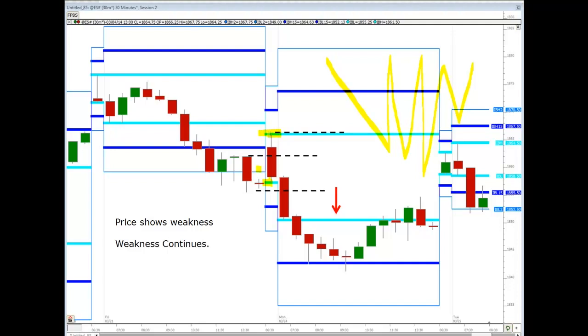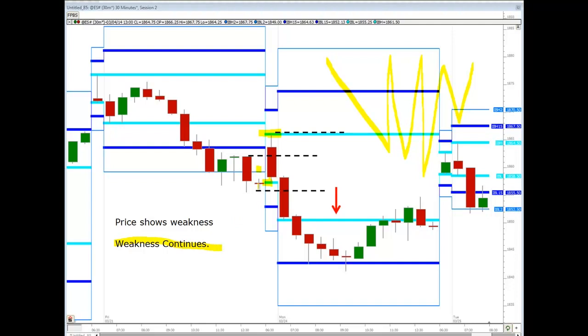If I'm entering a short on Monday morning, my stop loss would be the initial balance high that's been established. If that gets taken out, then I would be out of that trade. Certainly, if I begin to see this and I'm alarmed, it is reasonable to exit your position, capture your profits, and wait for the next entry point. And if that's the case and we're going to continue lower, when would I know that the weakness continues?